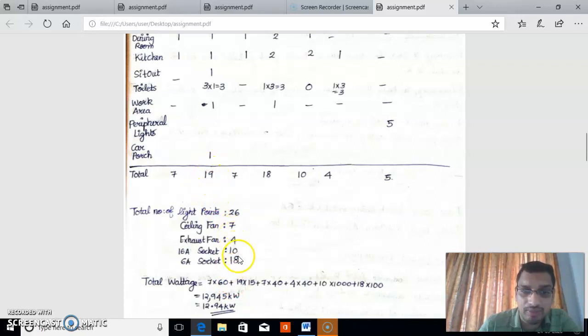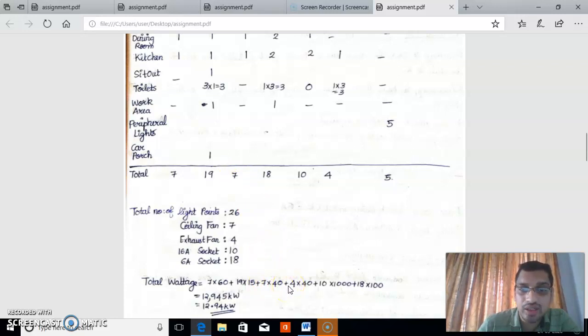So 19 into the wattage of WB, it's 15 watts. So 19 into 15 plus 7 is the number of ceiling fans, and wattage of ceiling fan is 40. So plus 7 into 40.